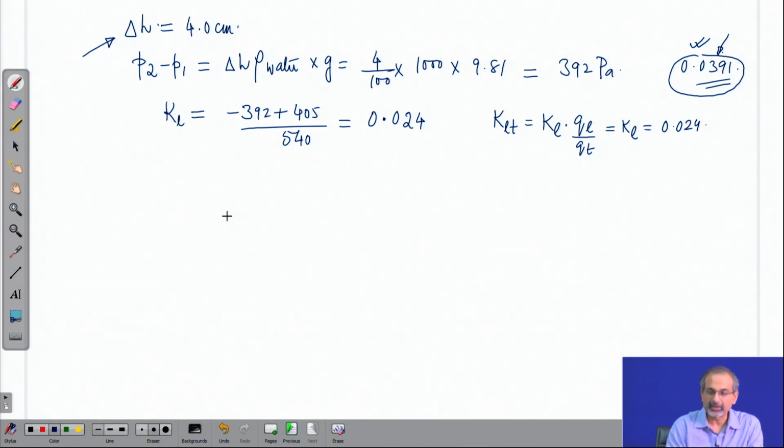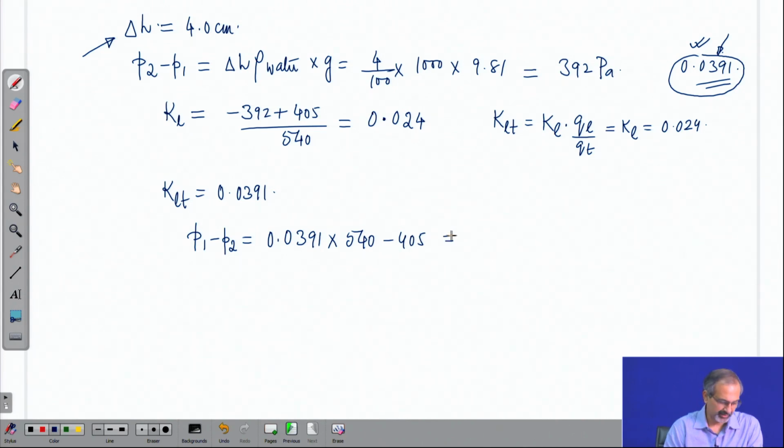Well, if you want to do a backwards calculation, then we start from K L T equal to 0.0391 and we find out that P1 minus P2 based on that would be a value like this, which is minus 383.9 Pascal, assuming that we keep all the other things the same.